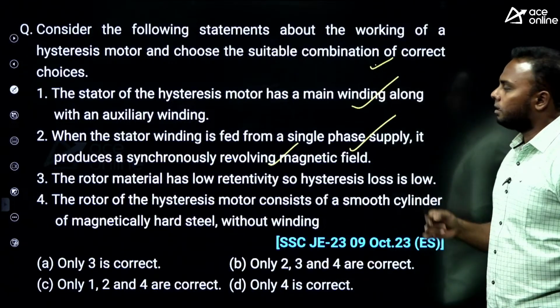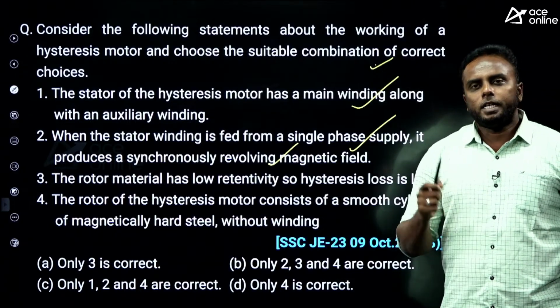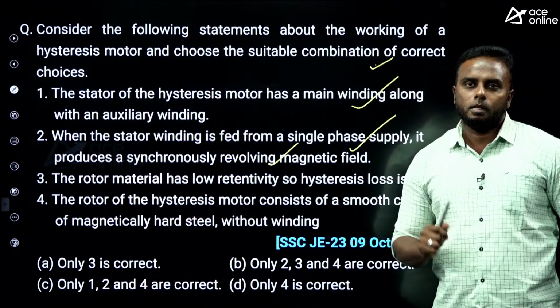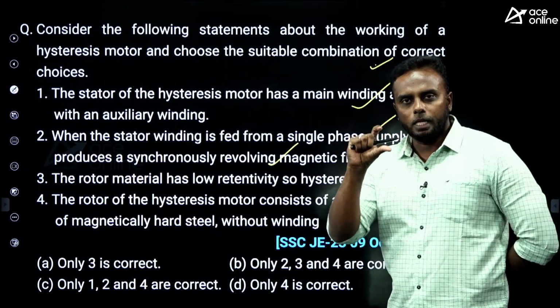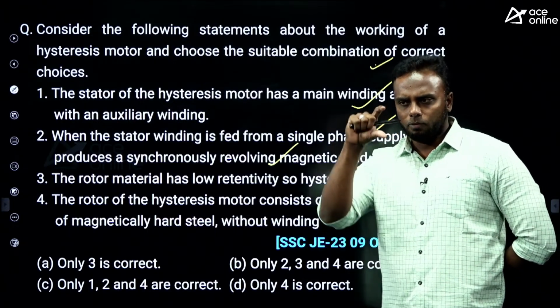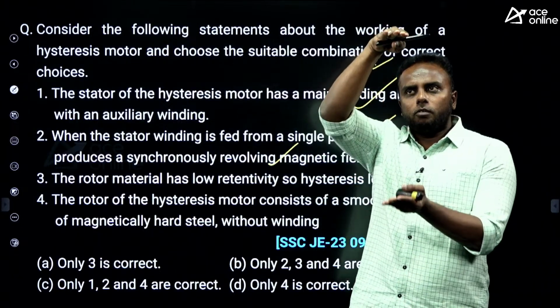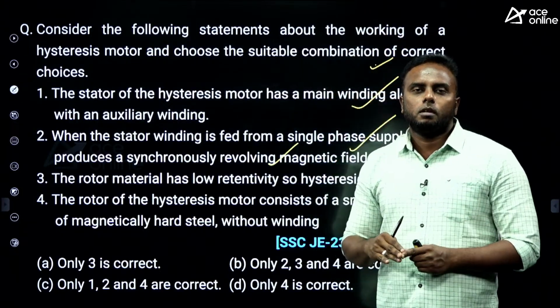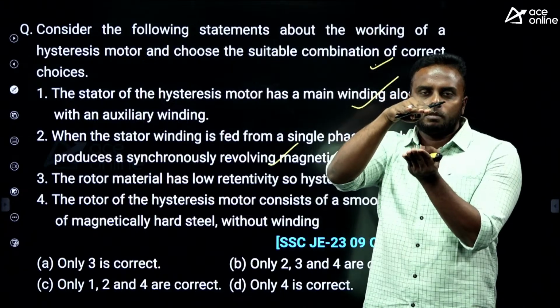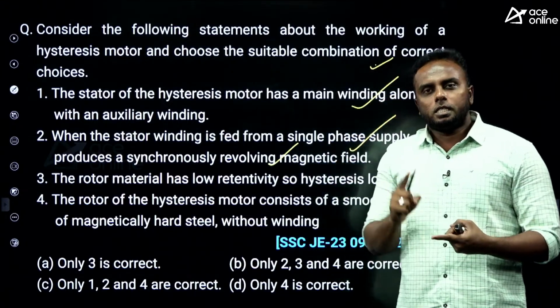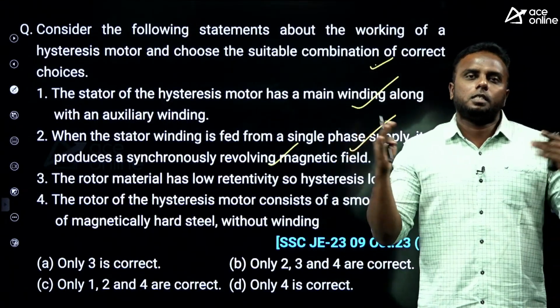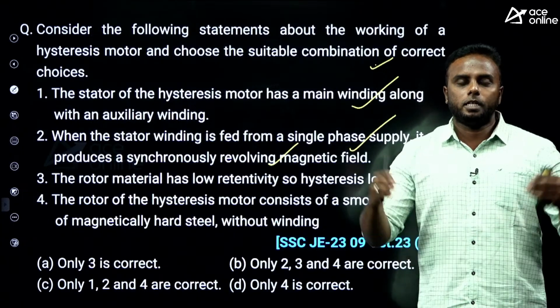Next, the rotor material has low retentivity, so hysteresis loss is low. If retentivity is low, in the BH loop you can see the retentivity is less, so the height of the loop will reduce. Generally for a hysteresis motor, we need a large hysteresis loop area, a wider loop.